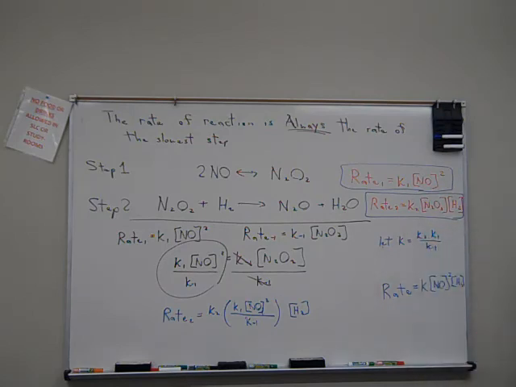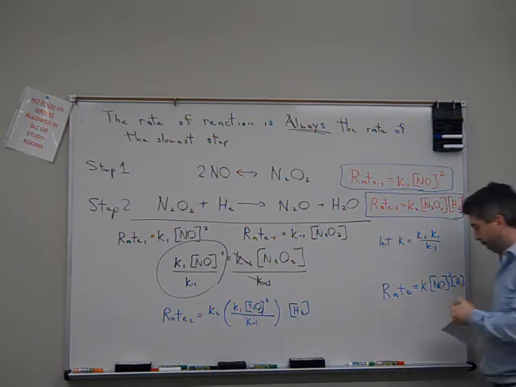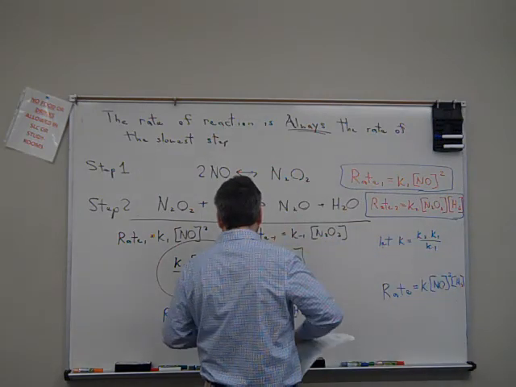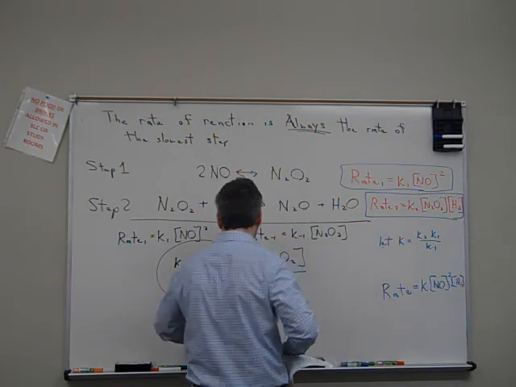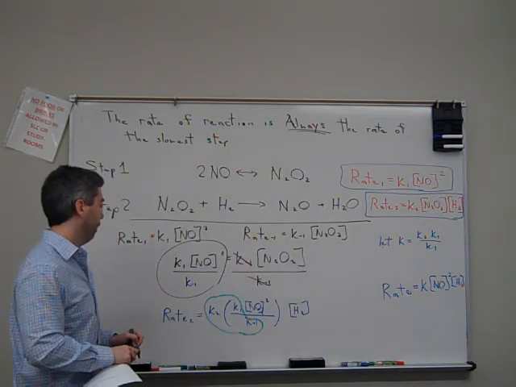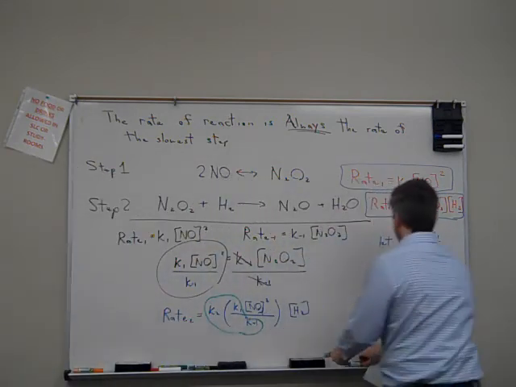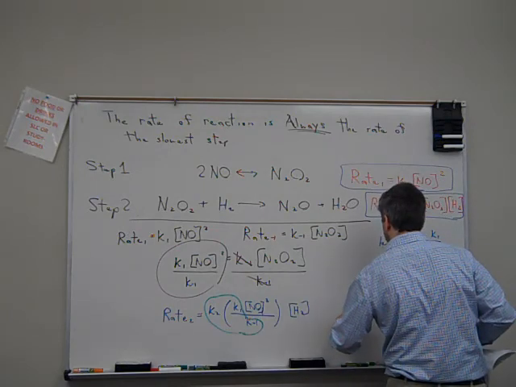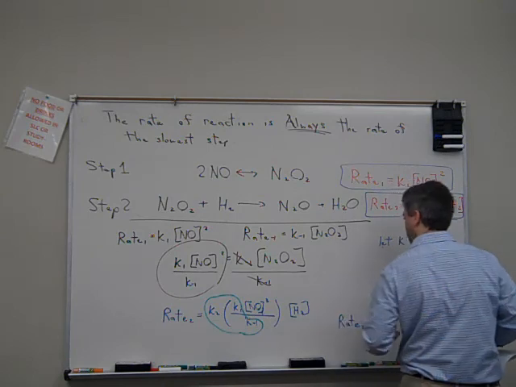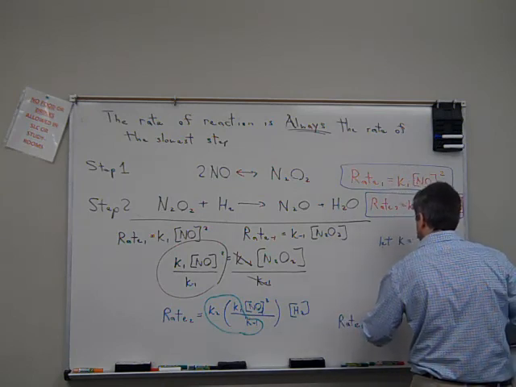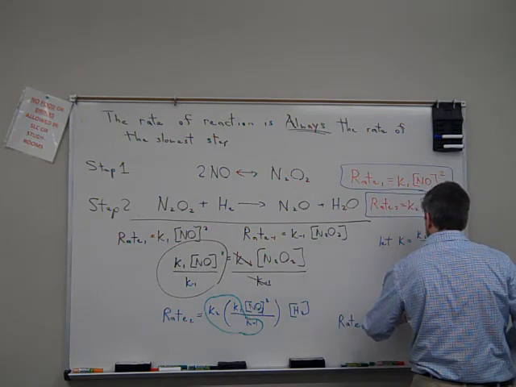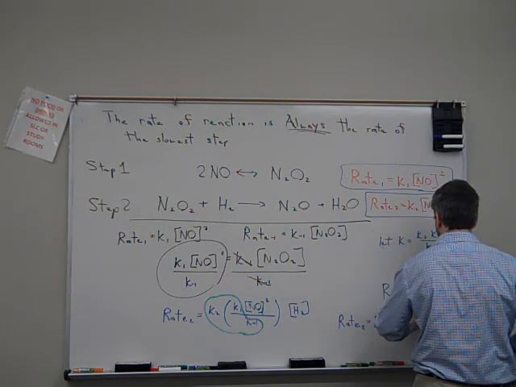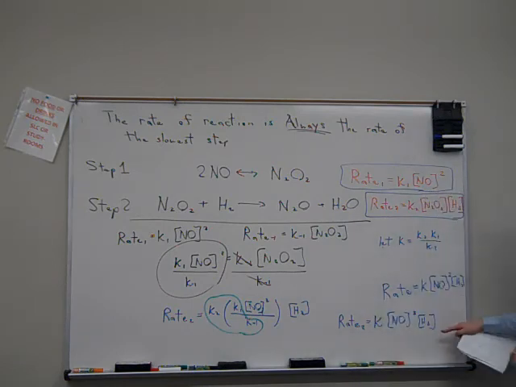Okay? And if I do that, and these three constants are rolled into one single constant, this rate 2 becomes K times NO squared times H2, which is essentially the same thing that I determined experimentally.